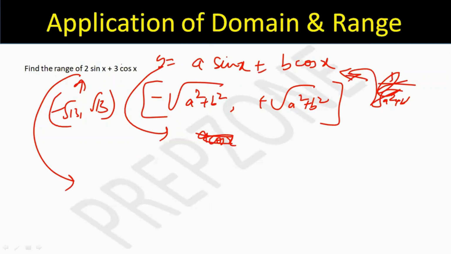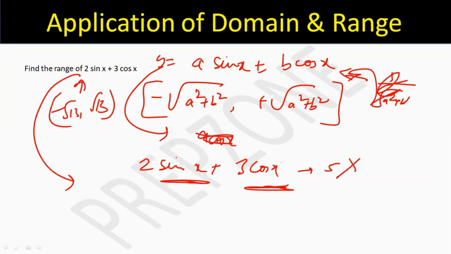Srishti, your answer was wrong, not -5 to +5. It is absolutely not possible. See, I think what you guys are doing is saying that the maximum value of cos x is 1 and the maximum value of sin x is 1, so the maximum value is 5. But that is not possible, because when cos x is 1, sin x will be 0.